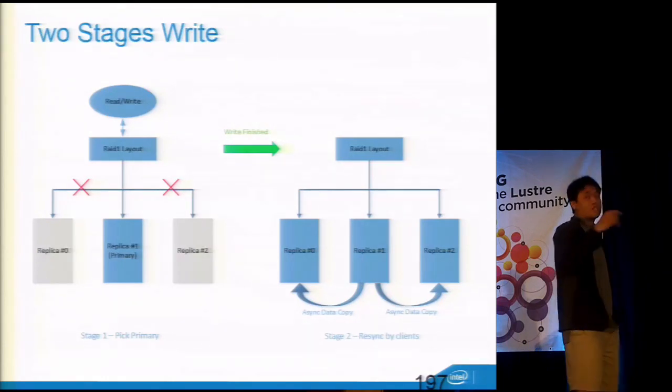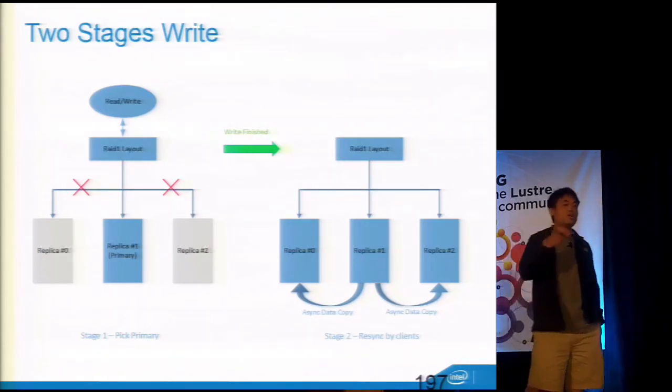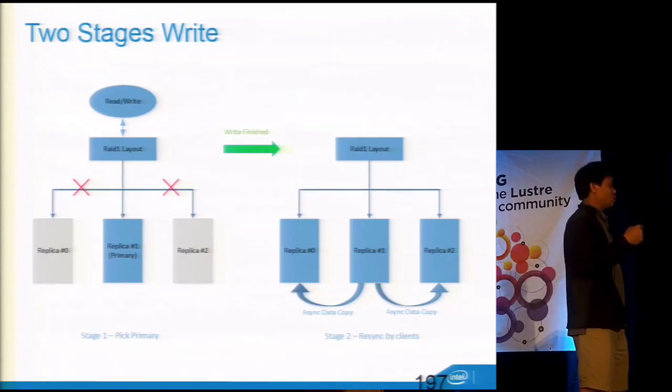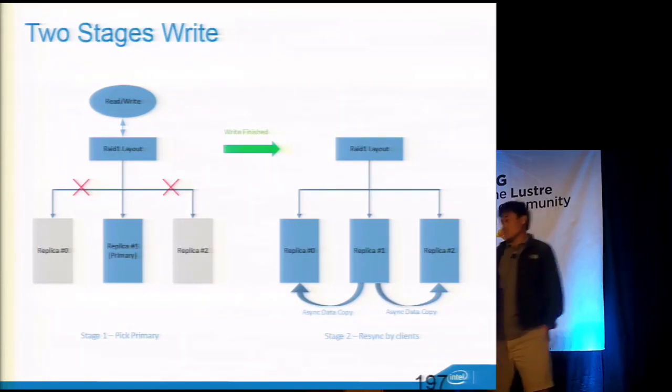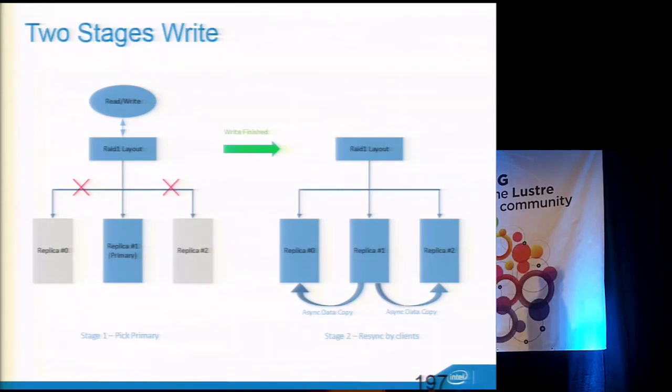After the copy is done, we can tell the MDT that we have valid data on replica 0, 1, and 2, so you can mark all of them as valid. After this is done, you have a complete replicated file, and each replica can serve read requests.